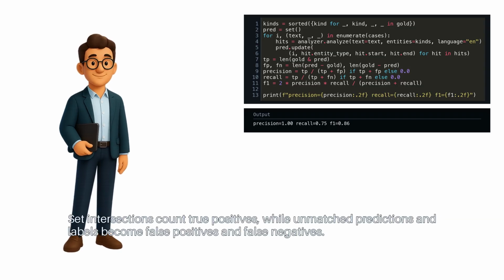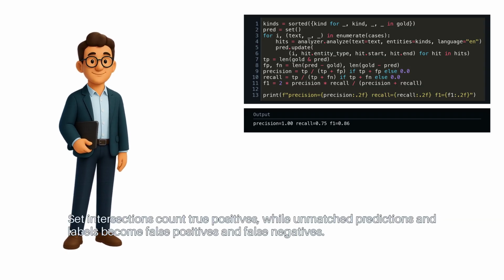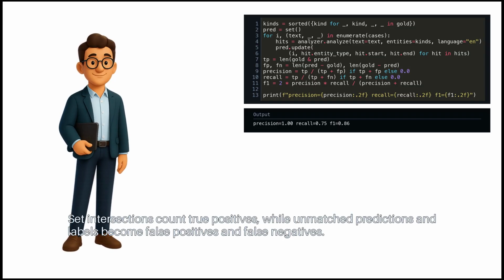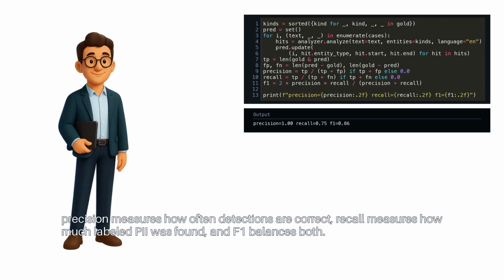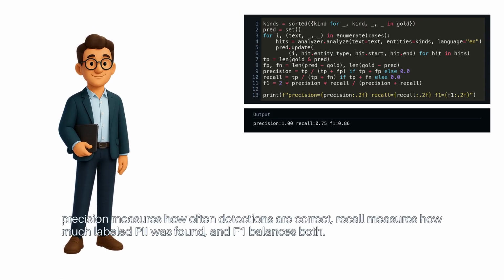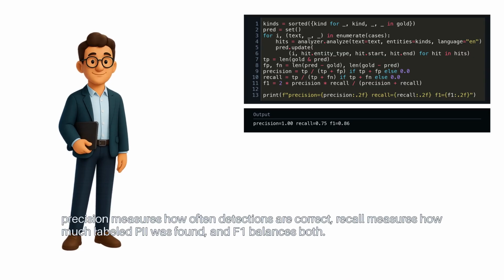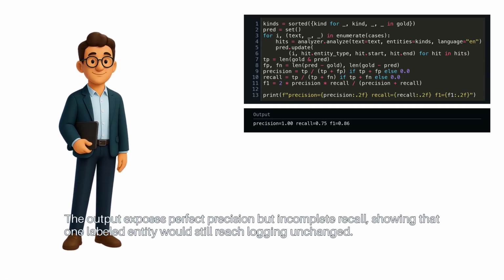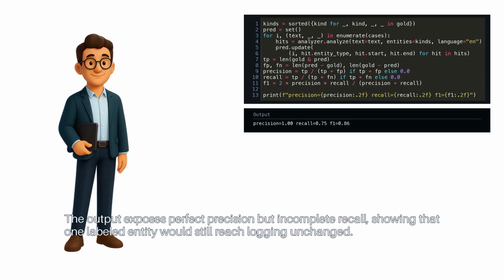Set intersections count true positives, while unmatched predictions and labels become false positives and false negatives. Precision measures how often detections are correct. Recall measures how much labeled PII was found, and F1 balances both. The output exposes perfect precision, but incomplete recall, showing that one labeled entity would still reach logging unchanged.